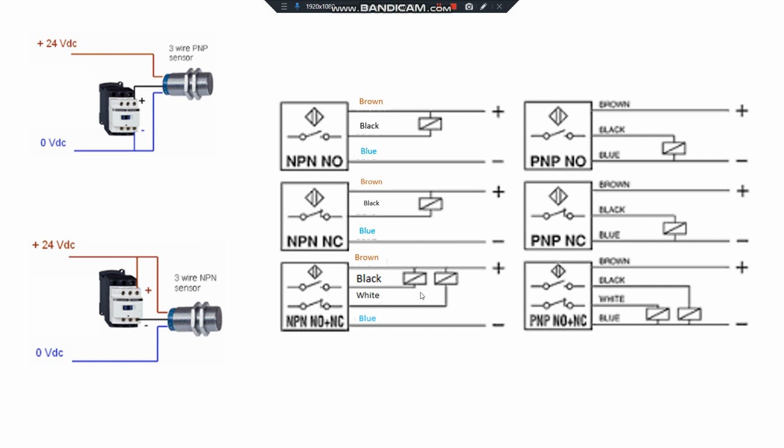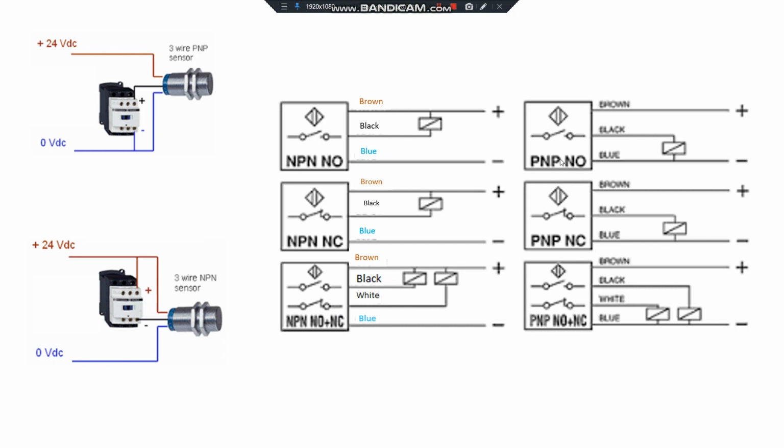The conditions are the same for this one. For this one, when it is activated, the black cable will be closed and this contactor will be activated. And in normal conditions, the white cable will be at 0 volt, and this contactor will be activated.